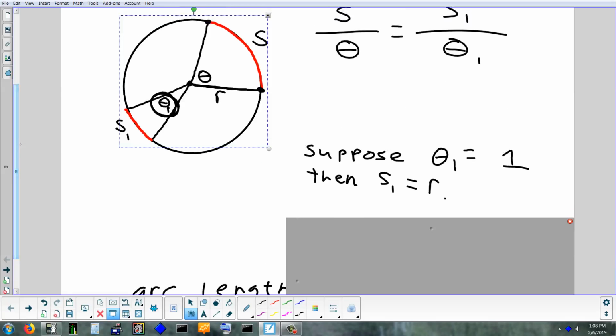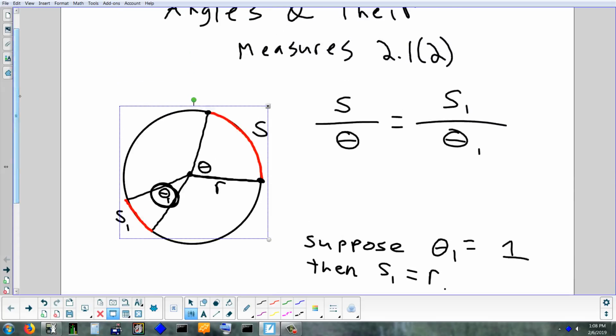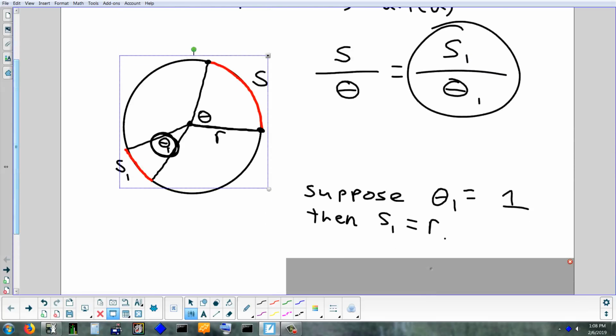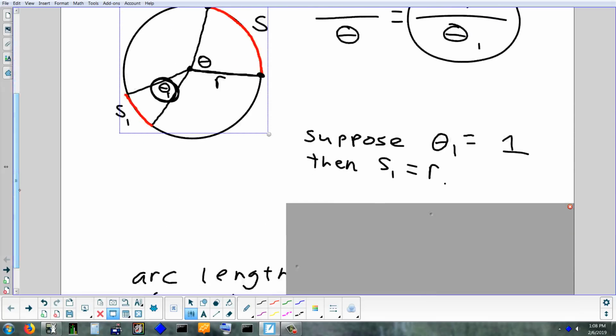So now we've got a fact that we can plug in to the proportion that's going to give us a starting point. Just like the 1 foot 12 inches was a starting point. So let's fill in what we have and go from there. So this side we leave blank. We don't have anything to plug in for that.